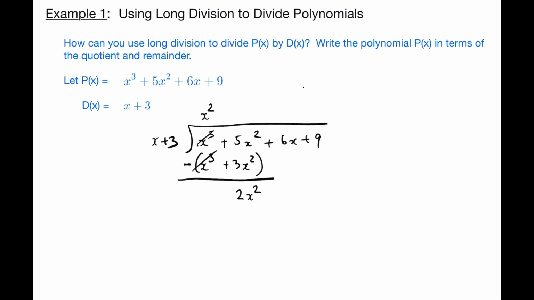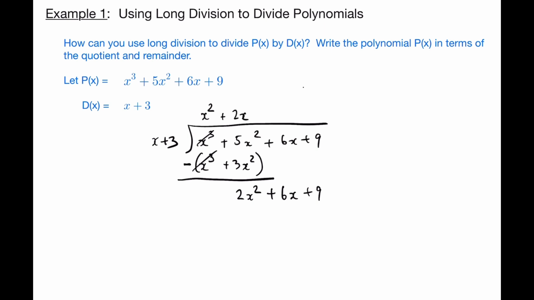Then what I'm going to do is move the remaining terms down over here. So this is going to be plus 6x and then plus 9. Okay, now we're going to do the same thing again. We're going to look at the x term of the divisor and focus on the 2x squared and determine what we need to multiply this x by to get 2x squared, and the answer is plus 2x.